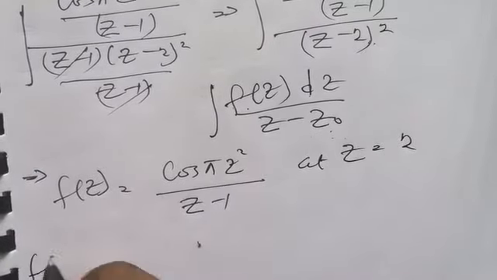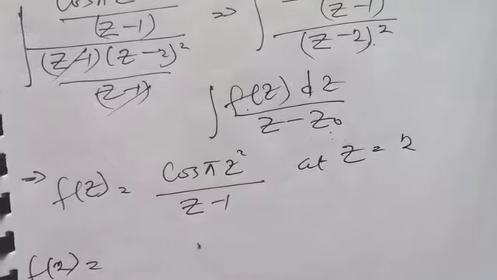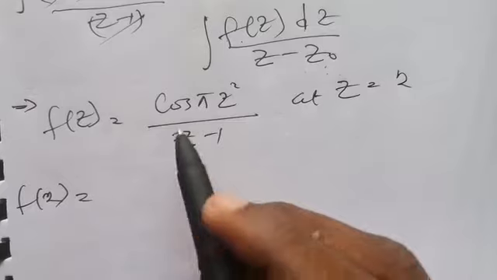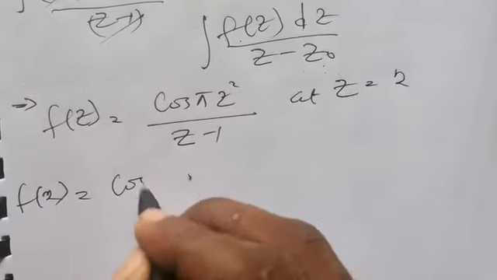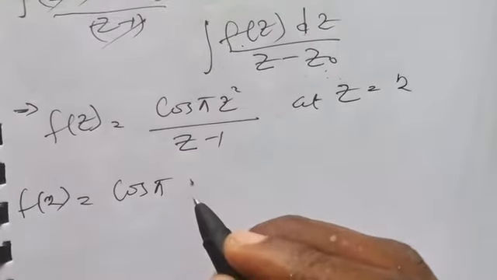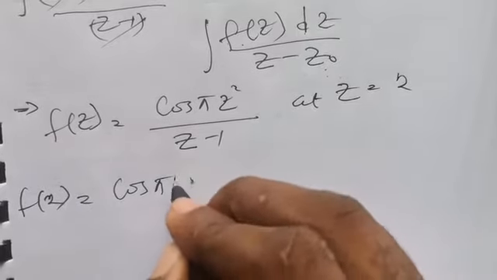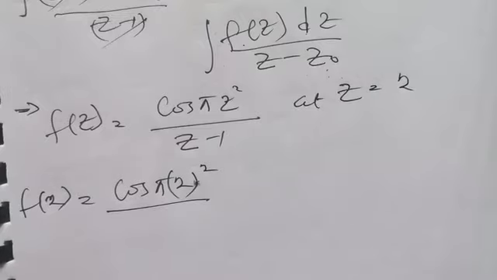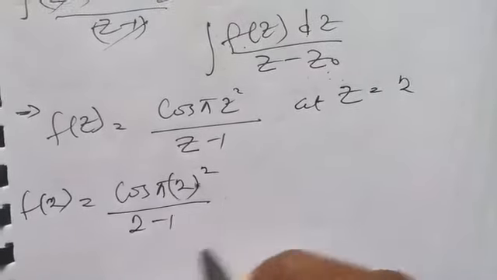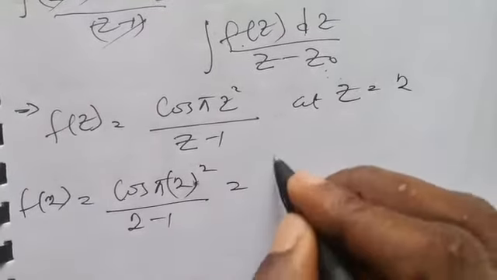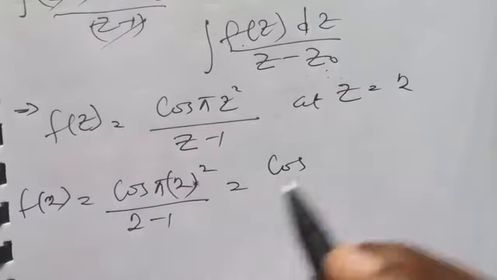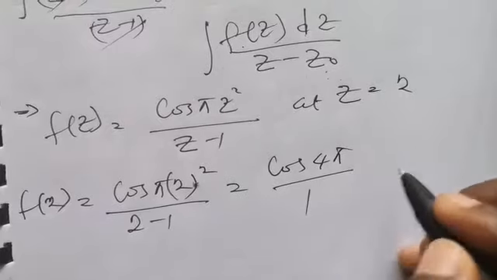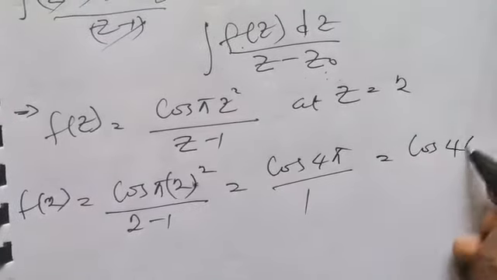This becomes f of 2, and that's equal to cos pi z squared, where z itself is 2, so that becomes cos pi times 2 all squared, all over z minus 1, and z is 2, so I have 2 minus 1. This is now cos of 2 squared, which is 4, so that becomes cos 4 pi all over 2 minus 1, which is 1. This remains cos 4 pi.